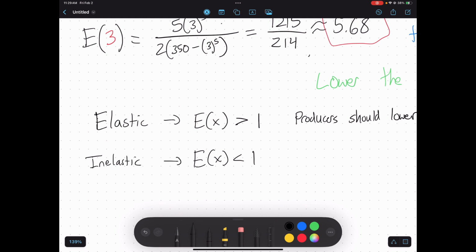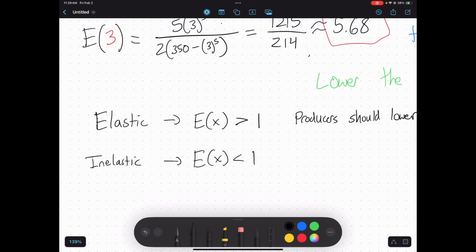Well, what that means is your relative change in price is larger than your relative change in demand. What does that mean? That means you can get away with increasing your price and only changing your demand by a very small margin. Okay, what does that tell me?